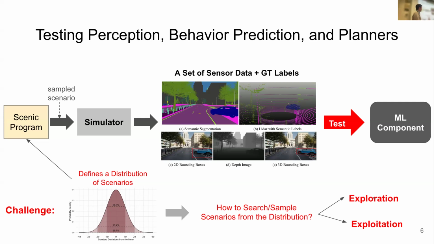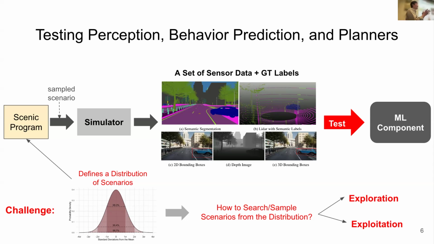One is we want to explore as much of that space as possible, but at the same time, we want to find as many counterexamples as possible. If you just look at the counterexample, what may happen is once you identify a failure case, then we can exploit that by sampling very nearby scenarios around that to find a lot of counterexamples.